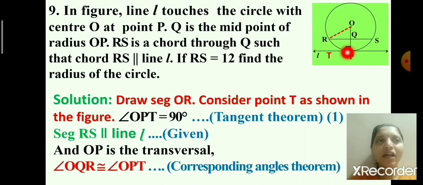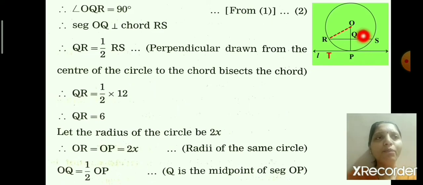Therefore the reason will be corresponding angles theorem. Now angle OPT is 90 degrees and angle OQR is congruent to angle OPT. So here we can write angle OQR is equal to 90 degrees. Reason you will write as from equation 1. Write this as equation 2.